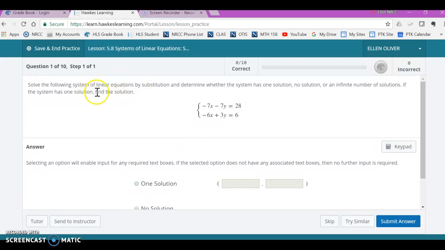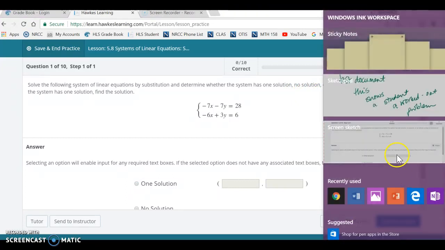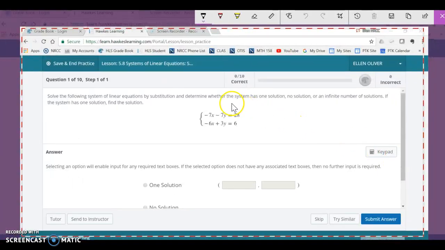So, solve the following system of linear equations by substitution and determine whether the system has one solution, no solutions, or an infinite number of solutions. Okay, so what we're going to do here is pick one of those equations and solve for one of the variables in one of those equations, and then substitute what we find for that variable into the other equation.